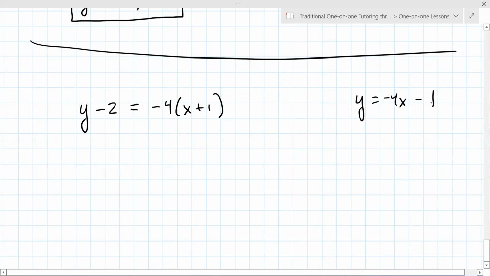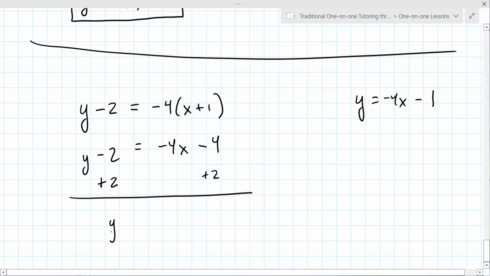All right, let's take a look here. So I'm going to distribute that -4 to both. So it's -4x minus 4. Did you write that down? Okay, now, how do you undo subtraction by 2 on the left? You add 2.